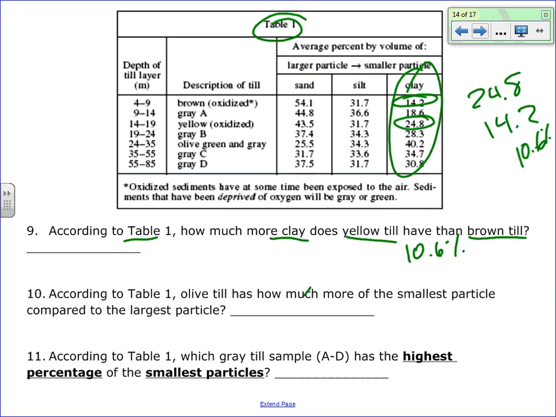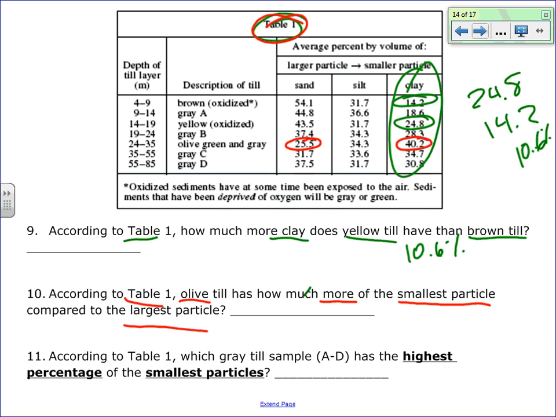According to table 1, olive till has how much more of the smallest particle compared to the largest particle? Table 1, how much more of the smallest particle, which in this case is clay, and we're looking at olive till. So the smallest particle is 40.2.